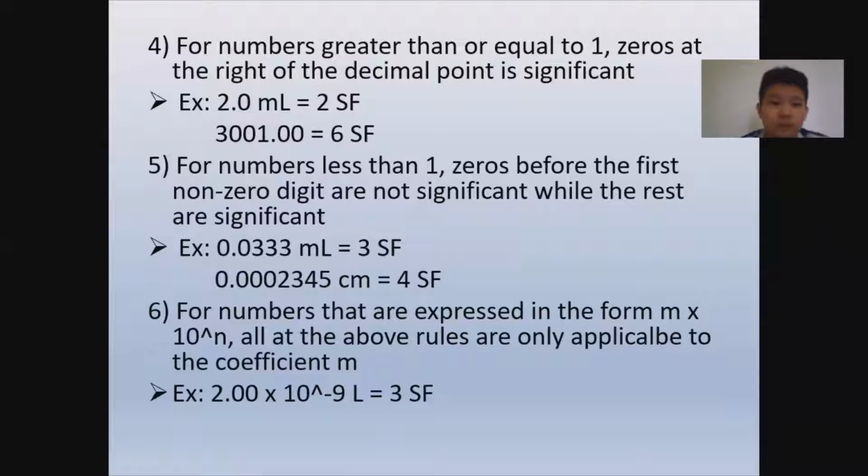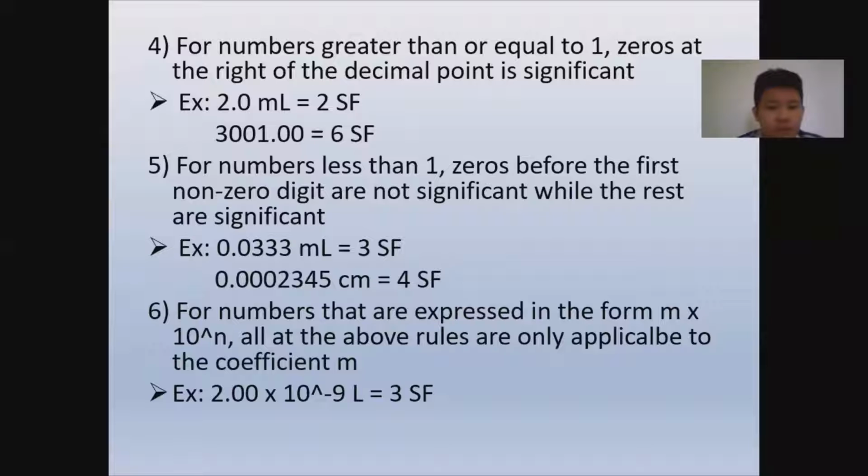The fourth guideline: for numbers greater than or equal to 1, zeros to the right of the decimal point are significant. For example, 2.0 milliliter is equal to 2 significant figures, and 3001.00 is equal to 6 significant figures.